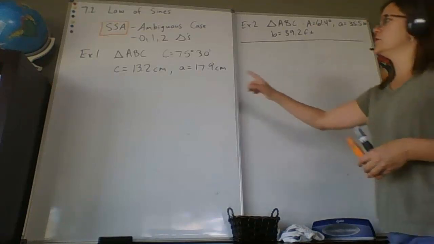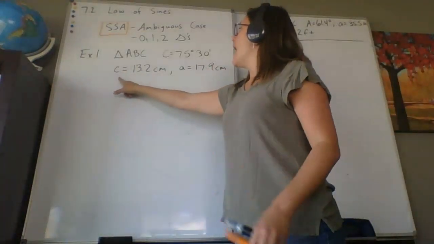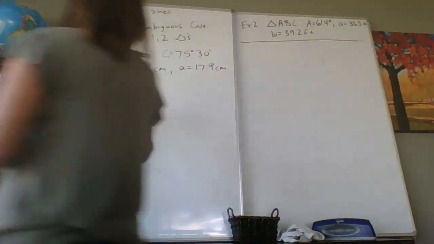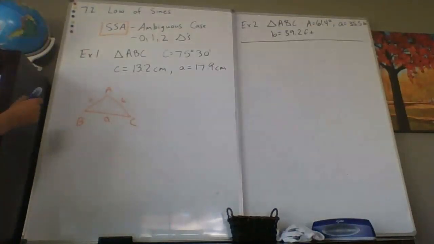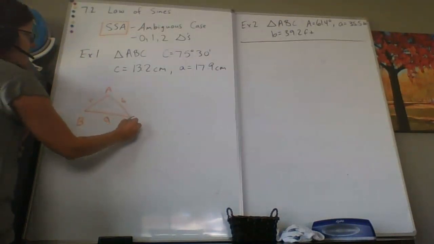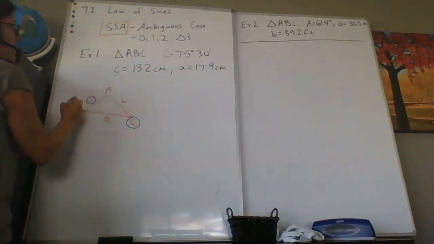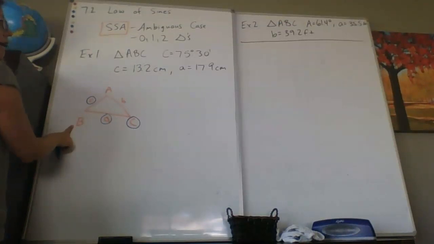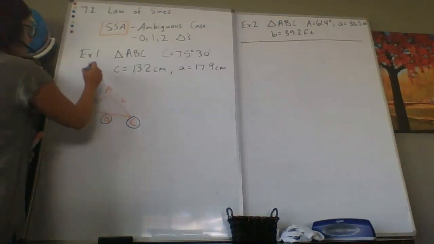So let's find out. Sketching a quick triangle and circling the information we are given: angle C, side c, and side a. Notice we're given two sides and an angle that's not included. So therefore, this is an SSA.